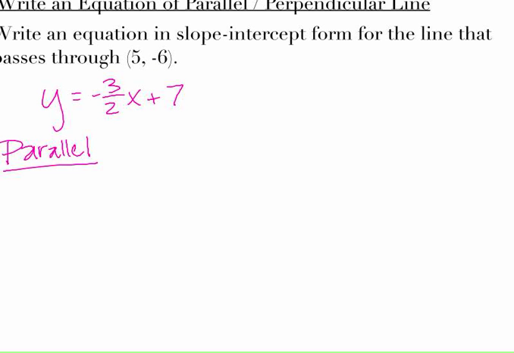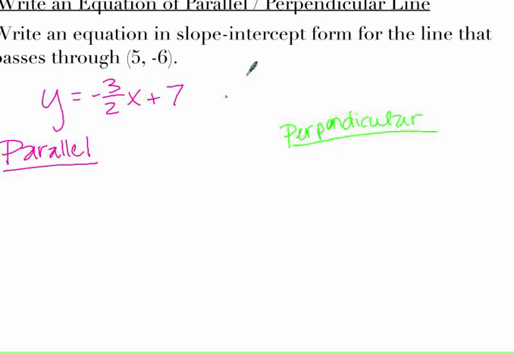And then over to the side, we're going to do an example where it is perpendicular and passes through that point (5, -6). So two different scenarios, two completely different equations, and we're going to show both different ways here.